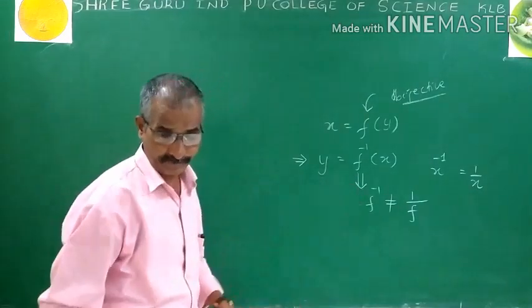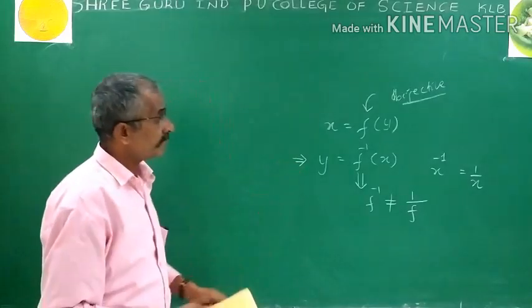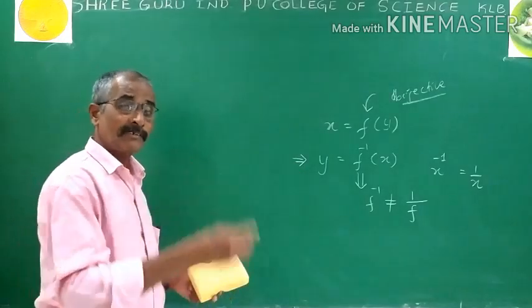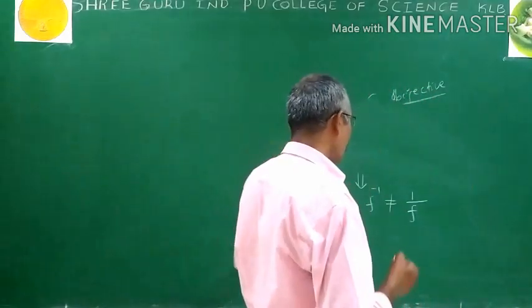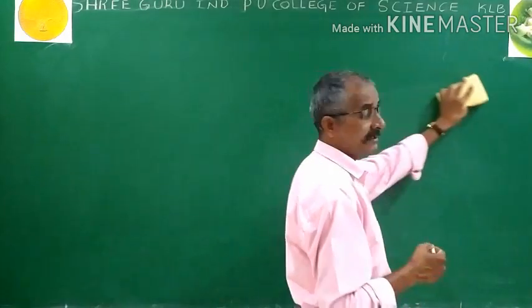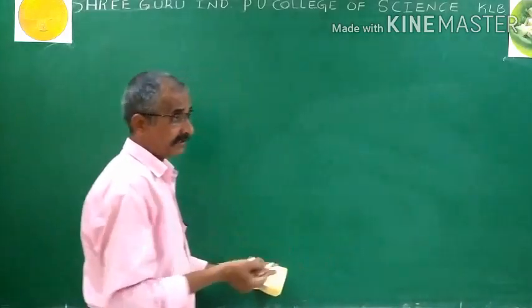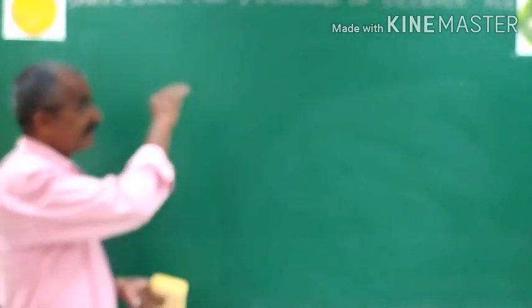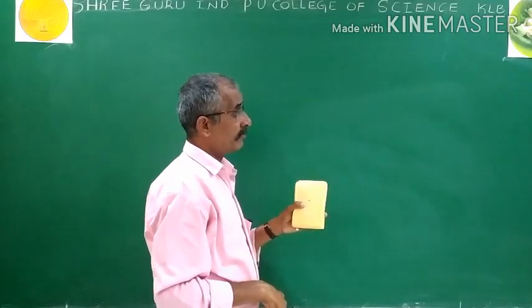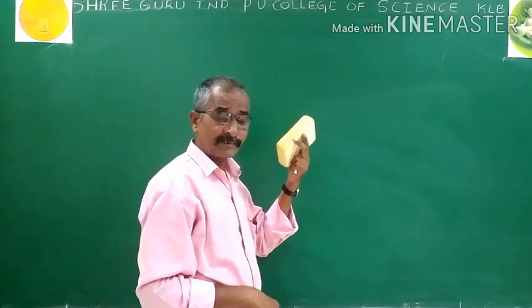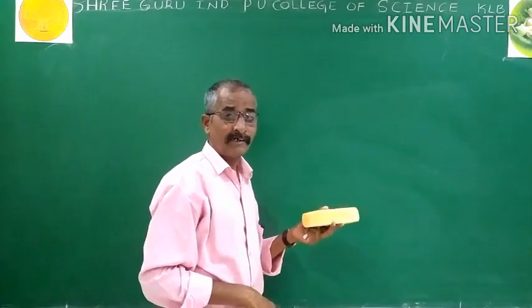Now in the same manner, we can define inverse trigonometrical functions. As you know there are 6 trigonometrical functions, similarly there are 6 inverse trigonometrical functions. They are being defined like this. And whatever inverse trigonometrical functions we are going to define, they are under the restrictions of domain and range.